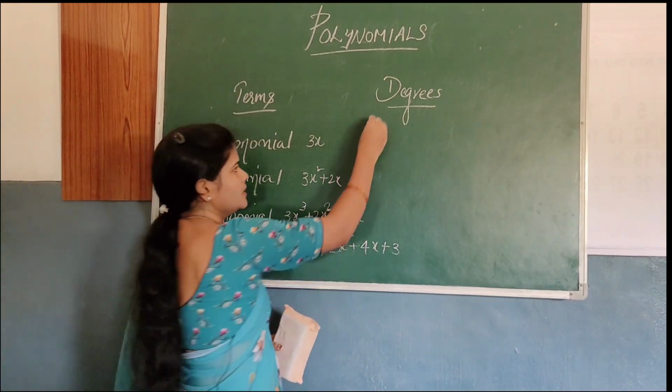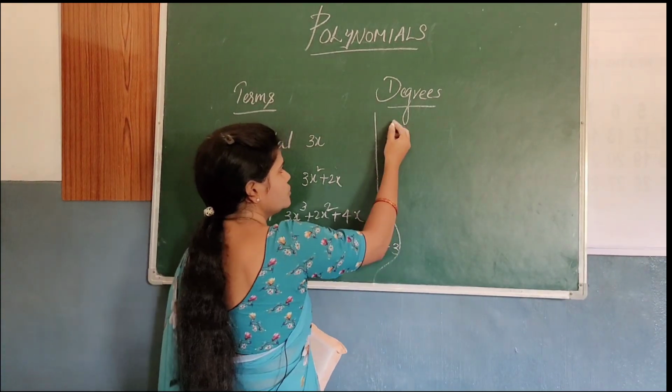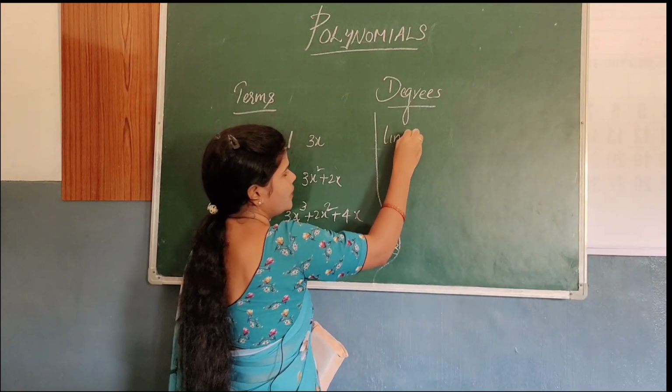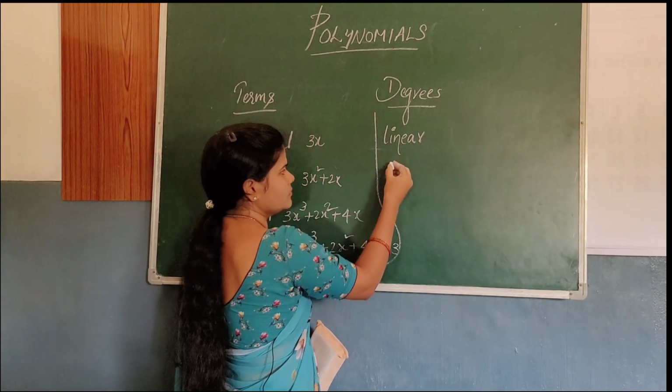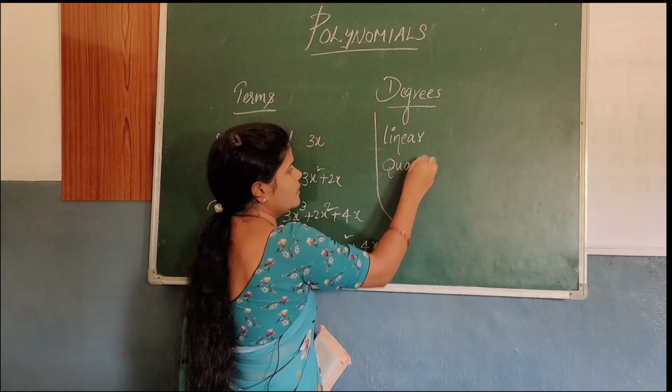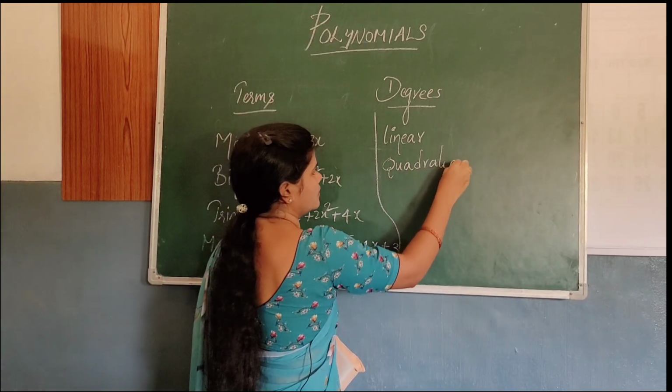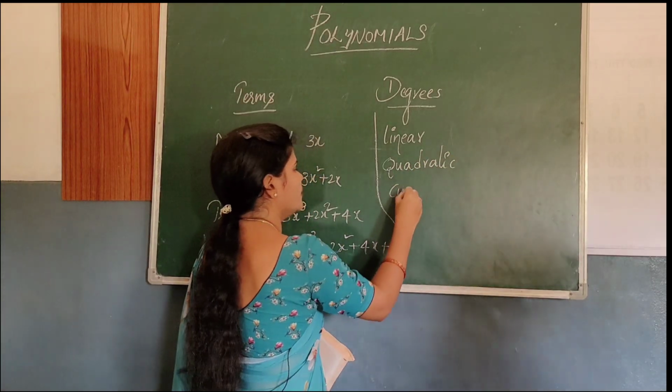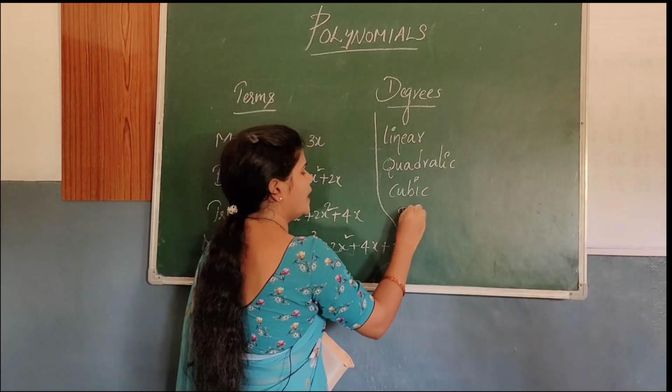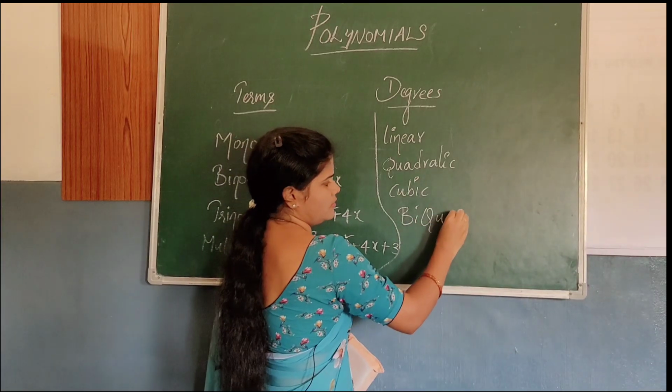And according to degrees, it is classified as follows. First one is linear polynomial. Next, quadratic polynomial. Next, cubic polynomial and biquadratic polynomial.